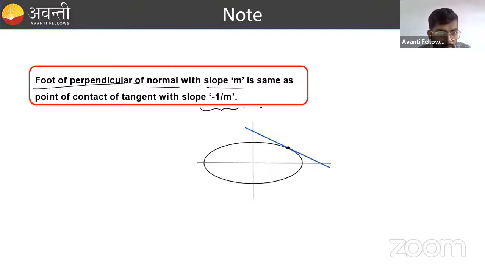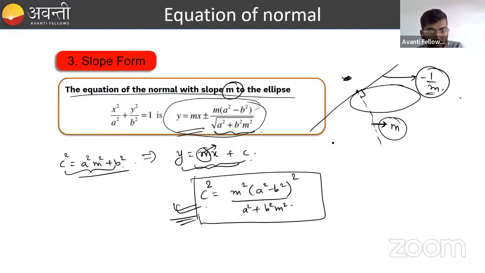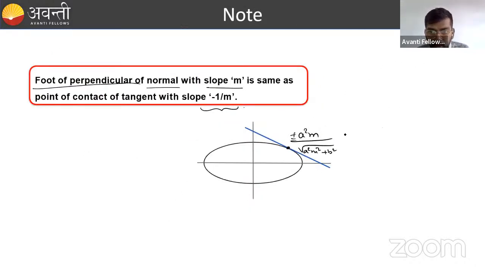So, the point of contact is given by plus minus a square m upon under root a square m square plus b square, and plus minus b square upon under root a square m square plus b square.